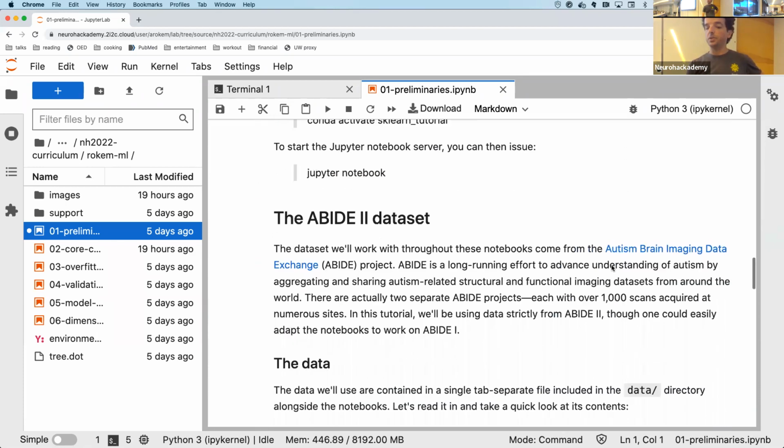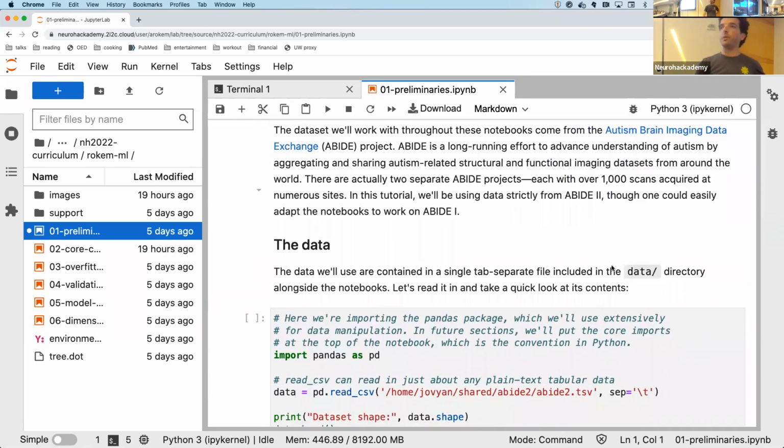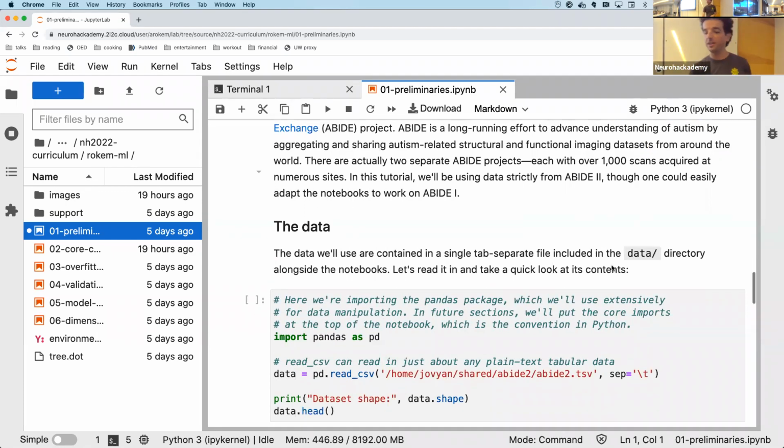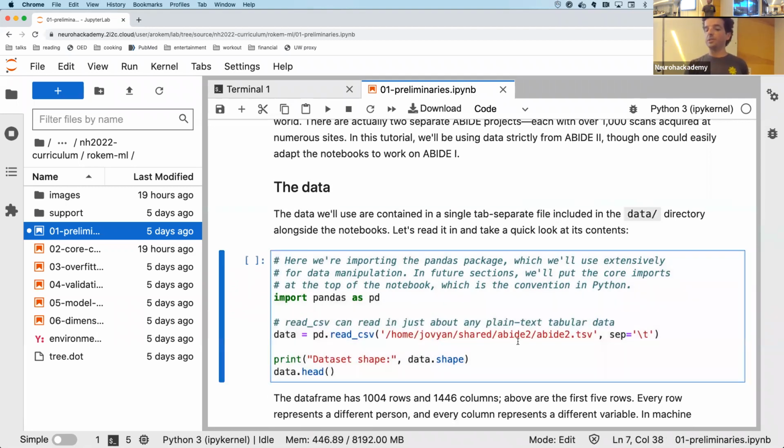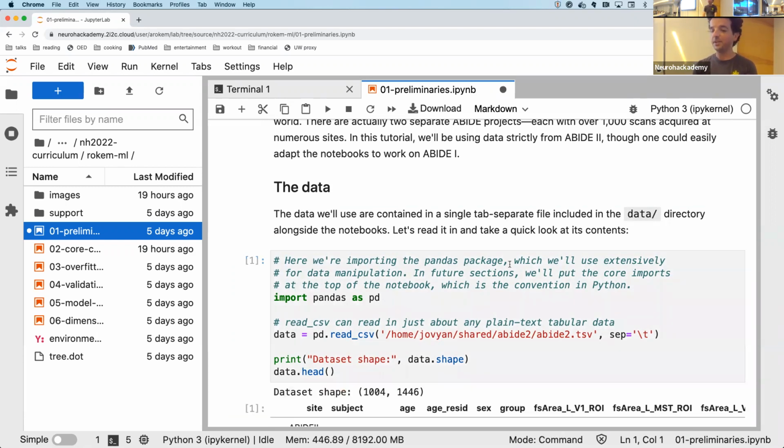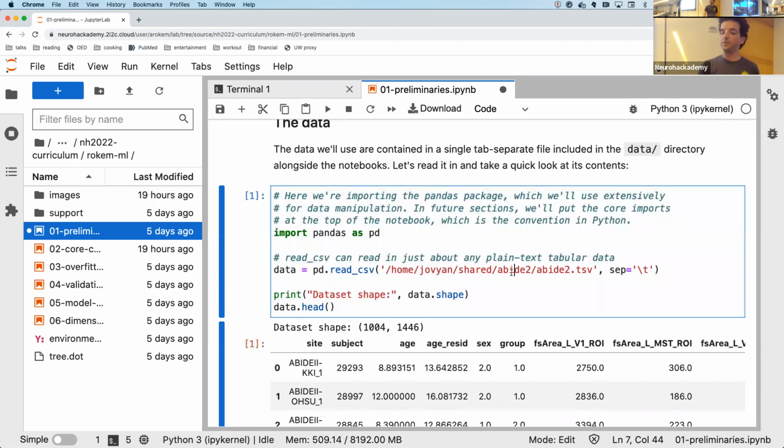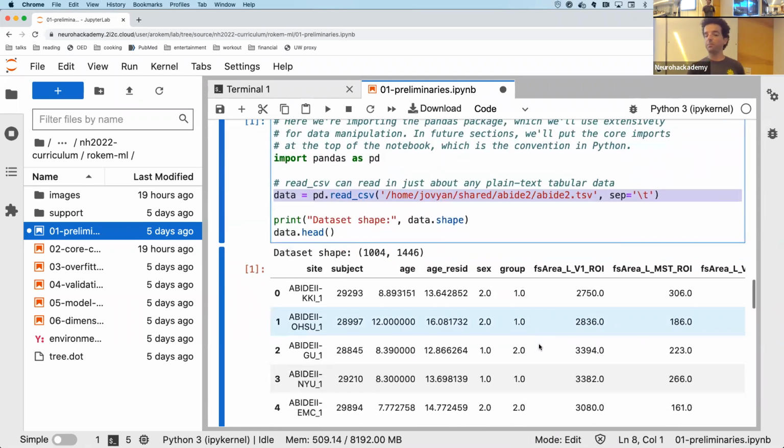And the installation stuff. Well, let me talk first about the data set that I'm going to use. Some of you who've been here in this room and other tutorials have seen this data set before. It's a data set that's on the Hub and is taken from the Abide 2 study. Here is, so I'm reading it from a CSV file or TSV file here and printing it out.